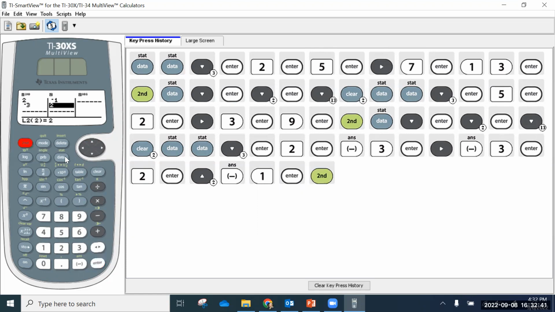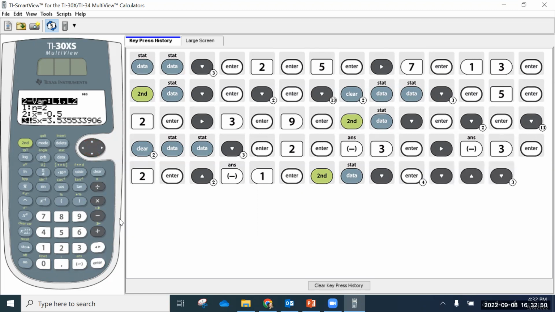Once we have that in there, we're going to press second data and go to stat, our 2 variable stat. Everything there is good. And scroll all the way down. So here we see that A is -0.6 and B is 0.2.